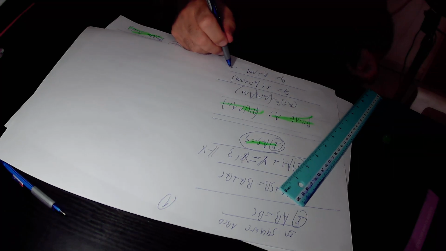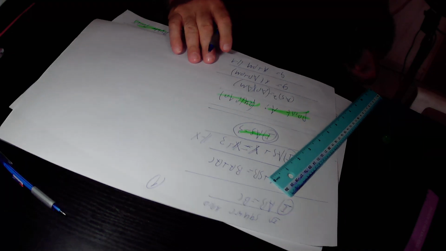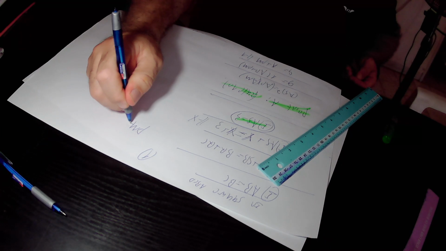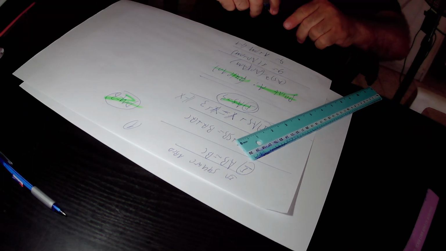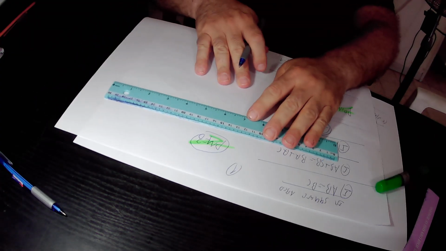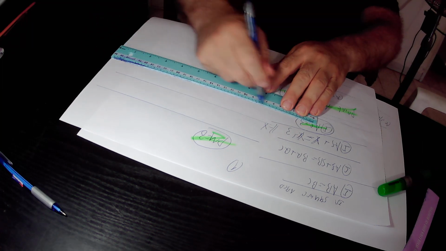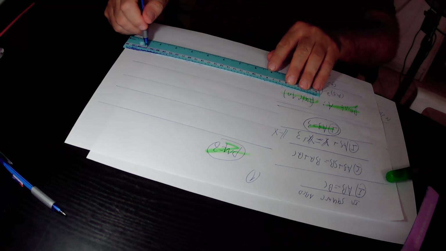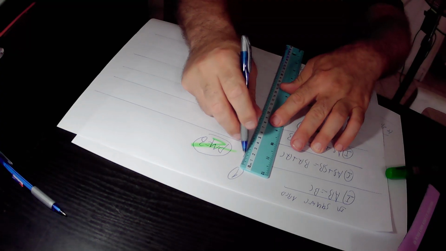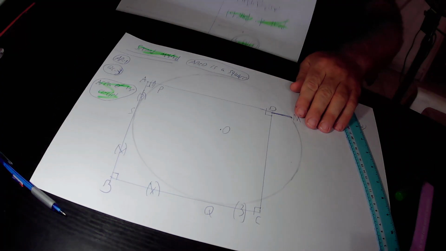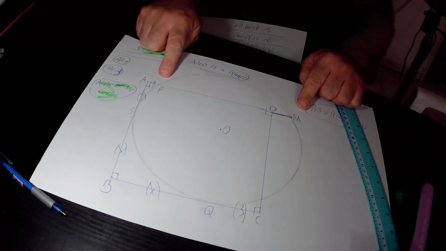Here we subtract 1 from this equation, and finally get that PM equals 9 minus 1, that is 8. So PM equals 8 units in length.